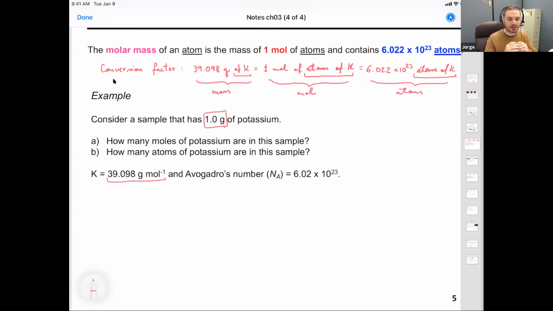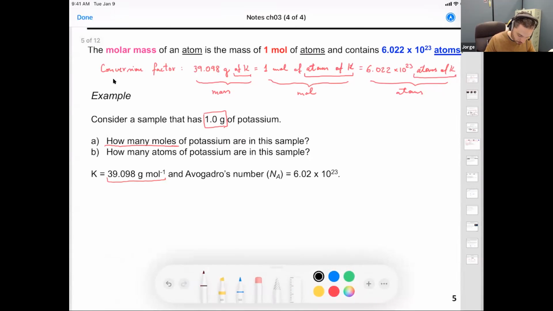The first question asks us how many moles, okay? So that rings a bell. We have mass and we want to know the number of moles. Therefore, I'm going to use the first 2 parts of the conversion factor because that relates mass with mole. Okay, that's the trick here.